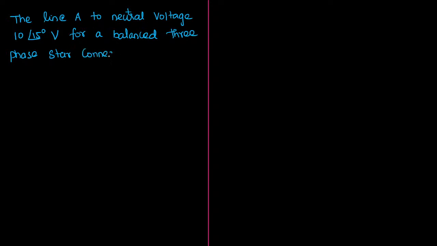Three-phase star connected load, first thing. And it has the sequence. You can write it like this, with the sequence of ABC. They told that it has a certain sequence, that is ABC.